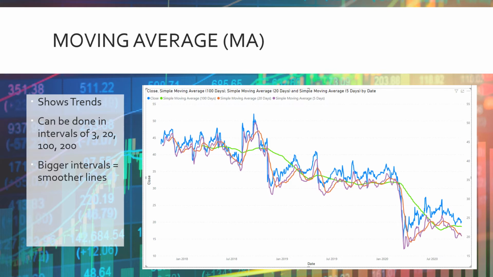Moving average can be calculated at different intervals: 5 days, 20 days, 100 days, or more. The bigger the interval used, the smoother the trend line will look, as can be seen in the visual, but it will also be more difficult to see aggressive moves.